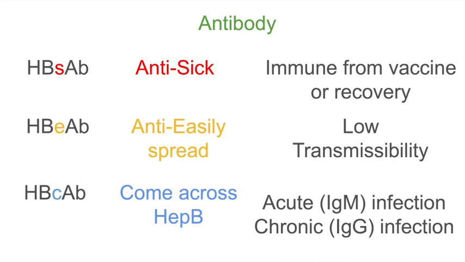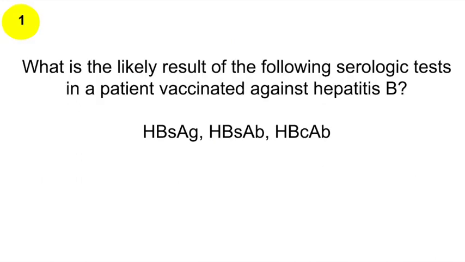Two of them you've seen before, but one of them is completely new. So let's go through this together. The question asks, what is the likely result of the following serologic tests in a patient vaccinated against hepatitis B?